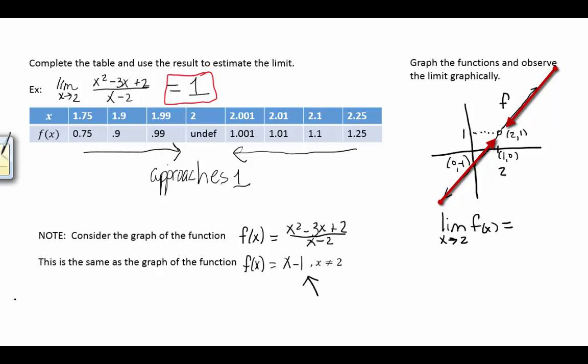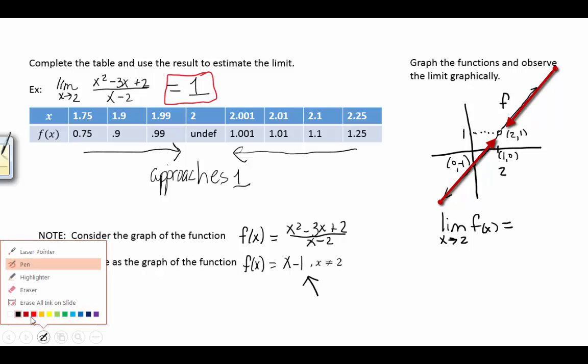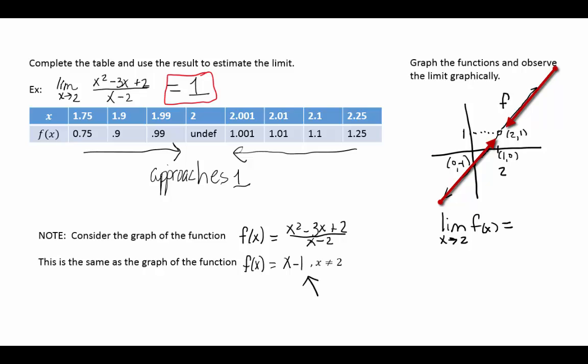So you're imagining these little arrows here. We're going close to the x value 2, following along from the left. That's formal language, from the left and from the right. From the left and from the right, we're headed towards this open dot, which happens to have a y value equal to 1, which is the same conclusion we came to before with the table.